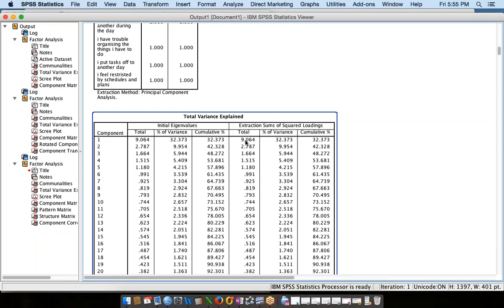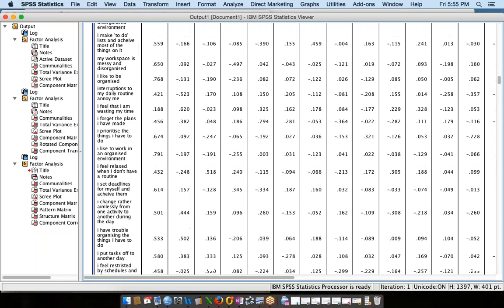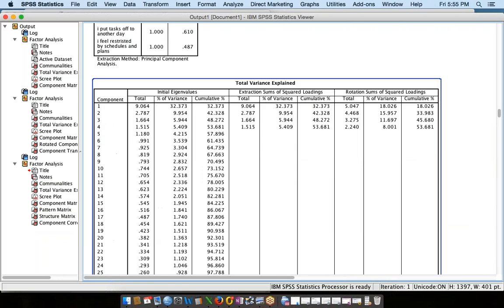But you want to talk about the 5 criteria that you used to determine the number of factors, which would be eigenvalues over 1, which is this right here. And actually, you would use the rotated one. So there's 4 here. Your second criteria is the percent of variance, and these are all over 5.